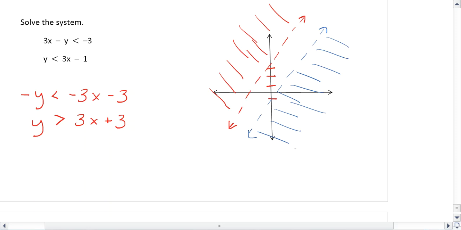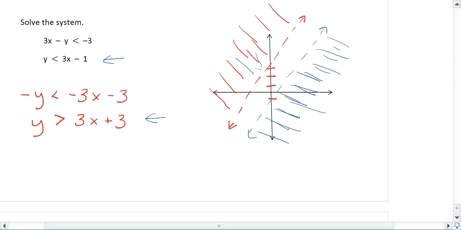Okay, hopefully it looks something like this on your calc screen, where you have one dotted line that's passing through a positive 3 here. That would be this equation, and has a slope of 3, and everything is shaded above it. And then this other line here, y is less than 3x minus 1, it would cross here at -1, and since y is less, everything on this side is shaded.